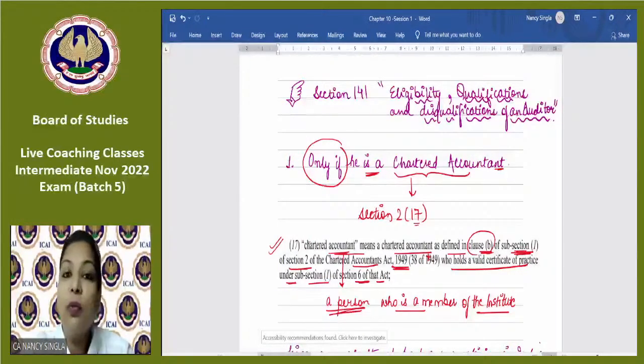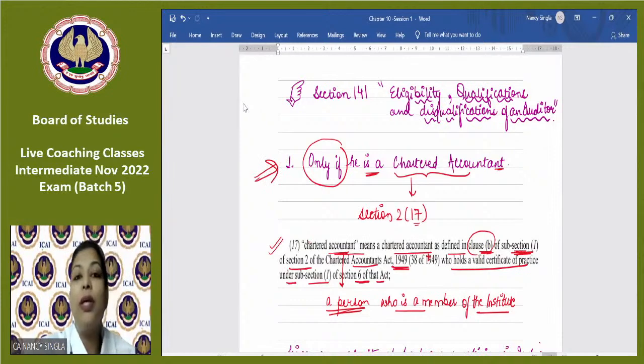Further, subsection 1 also says that, see, until now we were talking about an individual as an auditor.